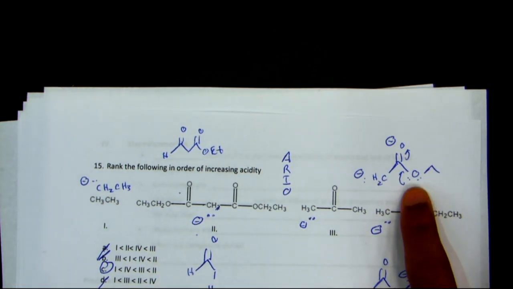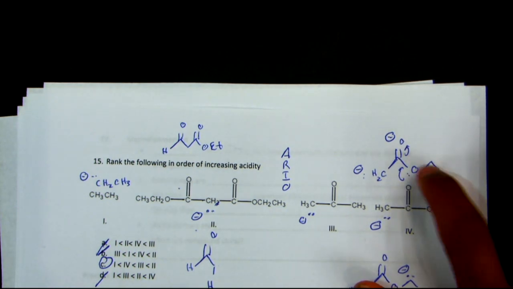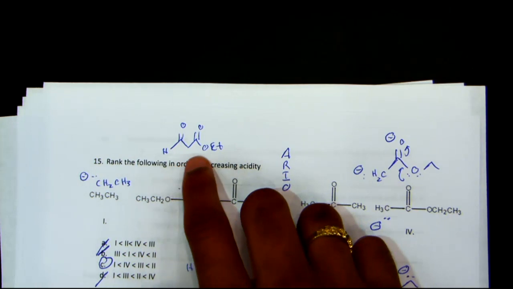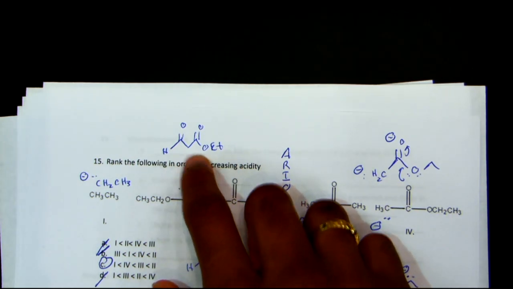Proton wise, it could be kind of going back to this example. This oxygen can sometimes donate part of resonance and make this negative. So then you have two negatives on the ring at some point, and that would make it a little bit more unstable compared to just one of them doing it.